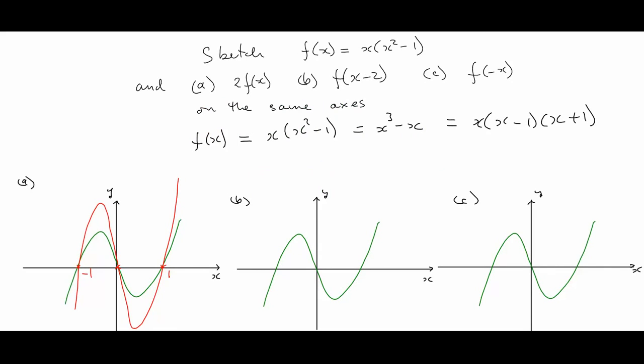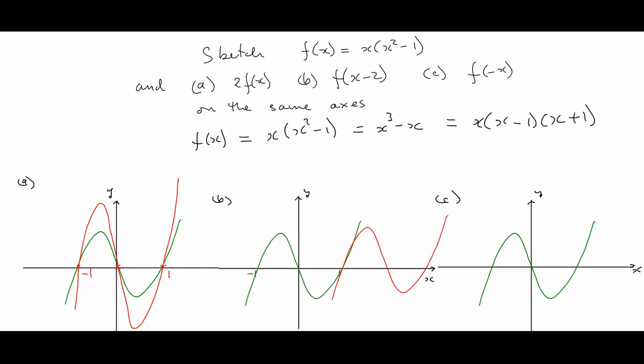And so these points minus 1, 0 and 1 will all be translated by 2, and the curve is translated along by a factor 2. So we must indicate the points where it crosses the axes. Minus 1 goes to 1, 0 goes to 2, and 1 goes to 3.